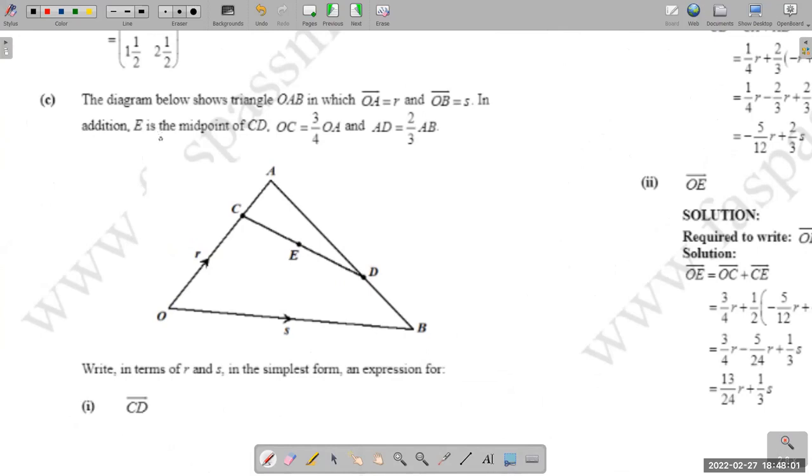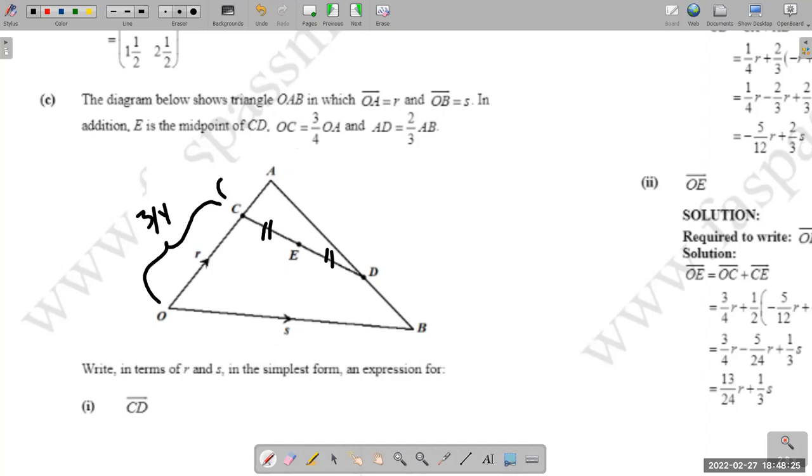In addition, E is the midpoint of CD. E is the midpoint, so these two lines are equal. You see the same thing again? Instead of a third, look at what they gave us now. OC is equal to 3/4 of OA. Where's OC? So this is 3/4.